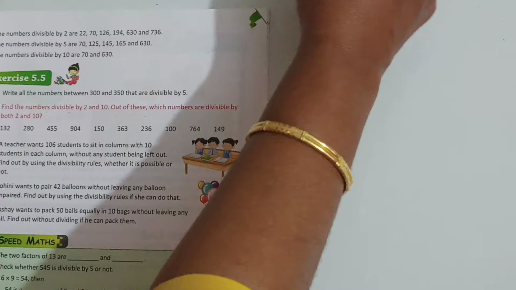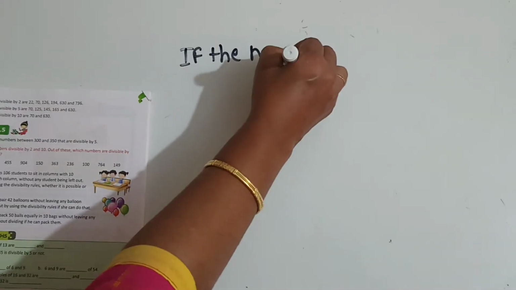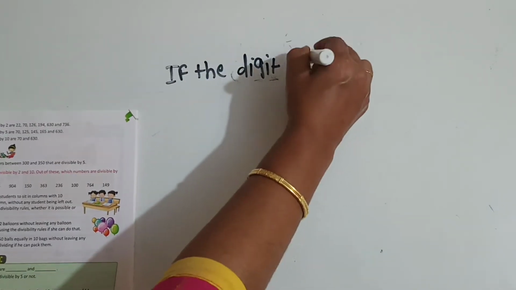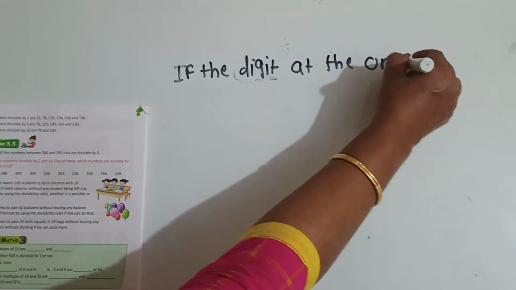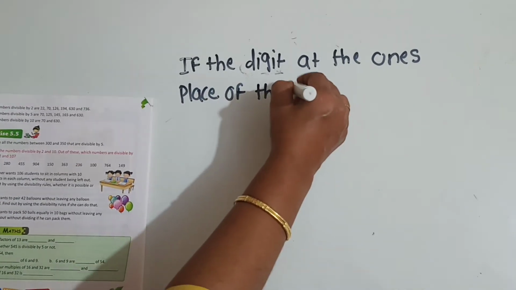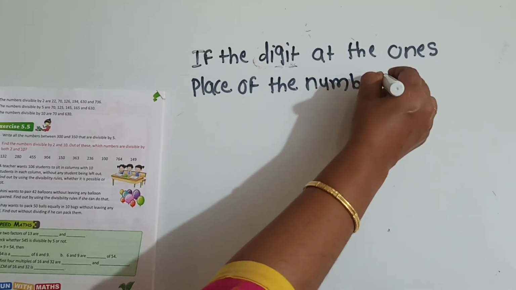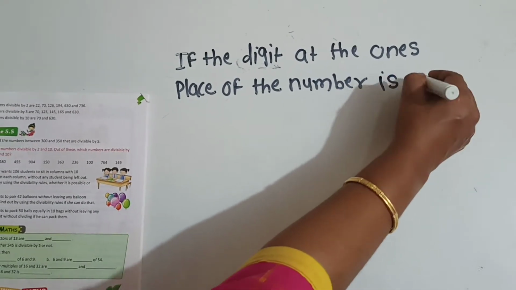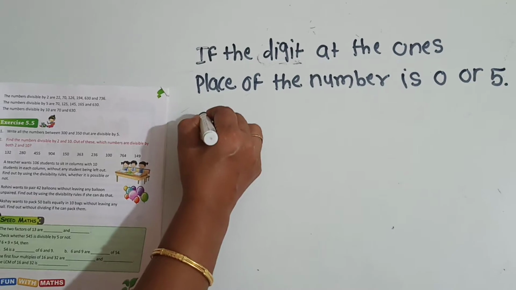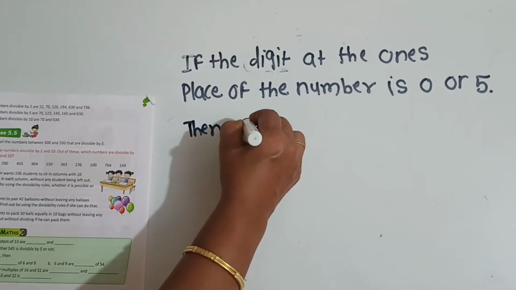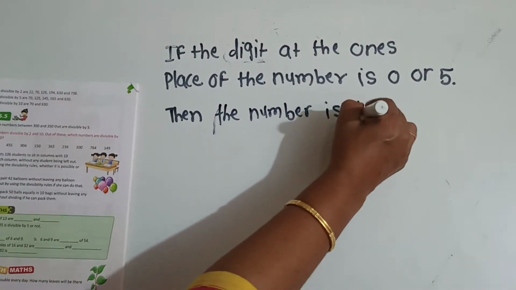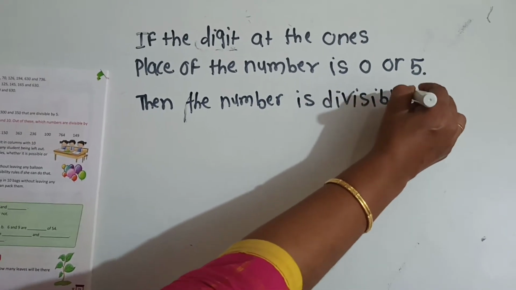If the digit at the ones place of the number is 0 or 5, then the number is divisible by 5.